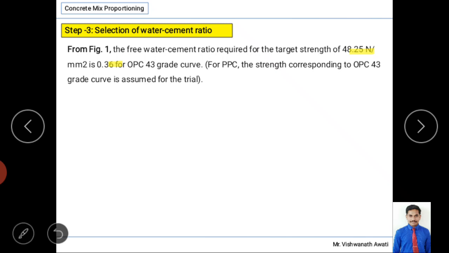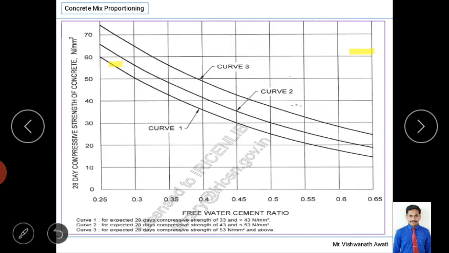So here I'll tell you how they got 0.36 as the water cement ratio for 48.25 Newton per mm square. Now we'll see figure 1, and this figure is there in the code book. Here you can see curves 1, 2, 3 are there. If you read the note, curve 2 is for expected 28 days compressive strength of 43 and less than 53 Newton per mm square, but our strength is 48.25.